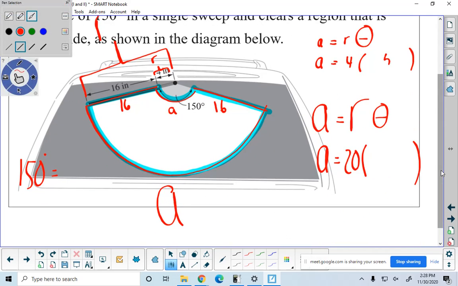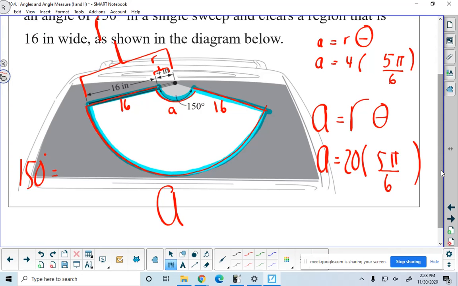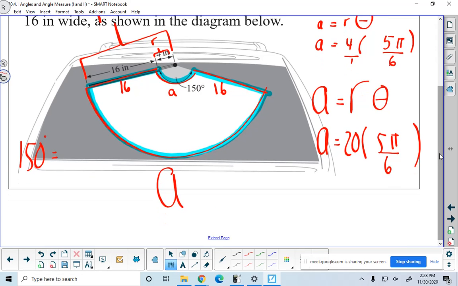Now I'm going to ask us to carry all decimals because this could be a numerical response question. When I calculate that little arc length, I get 20 pi over 6. I'm multiplying across the top, and I'm multiplying across the bottom.